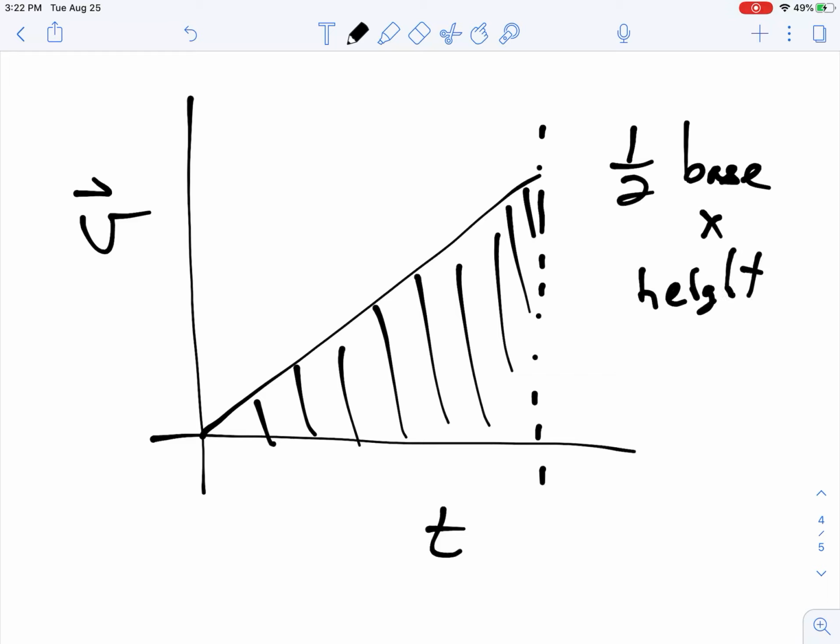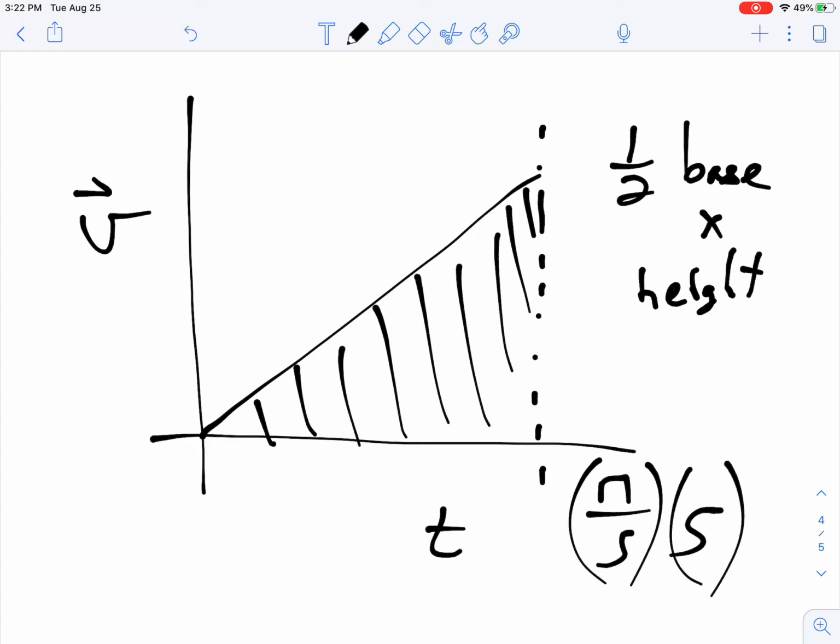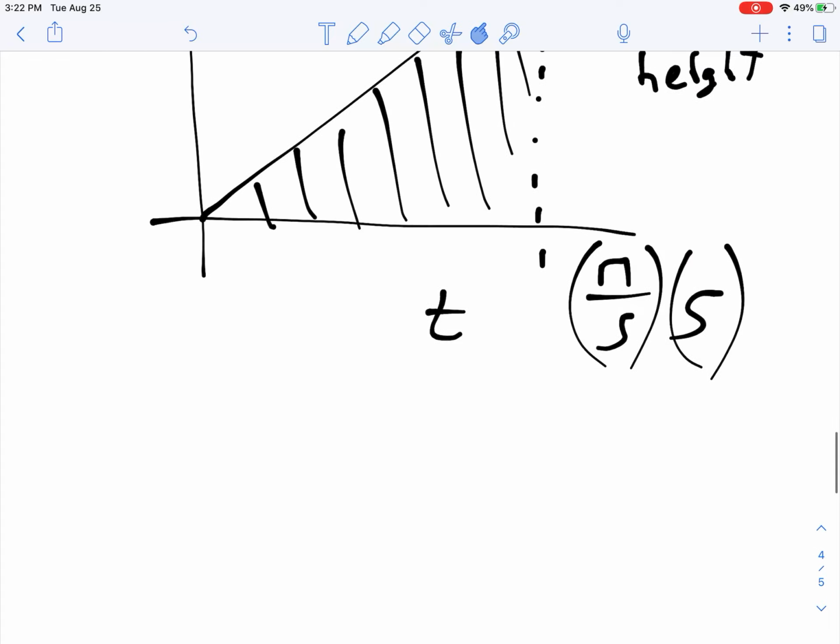Okay? What units will that have? Well, the base is this, so that's going to have units of seconds. The height is this, that's going to have units of meters per second. If we multiply them together, what will we get?